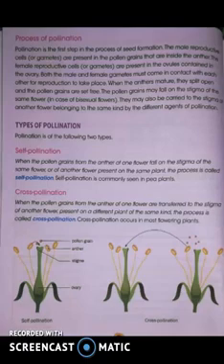Sometimes the pollen grain of the same flower is transferred to the stigma of the same flower also. Sometimes the pollen grain of one flower is transferred to the stigma of another flower of another plant. Two plants are there. This pollen grain can be carried by different insects. It can be carried by wind also, by water also, by birds also.